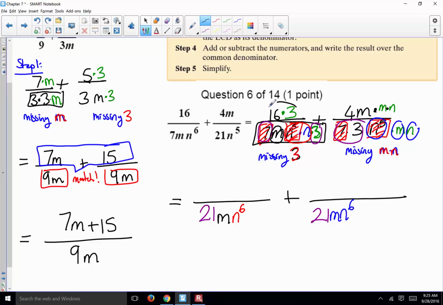How about the tops? You need to compute them. 3 times 16 is 48. And this makes 4, double m combines into m squared and a single n.